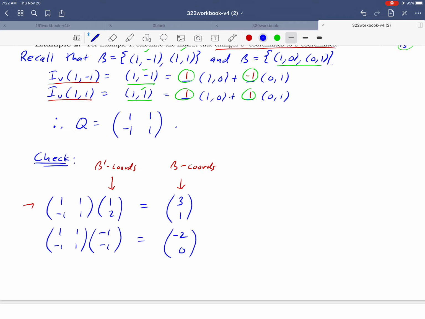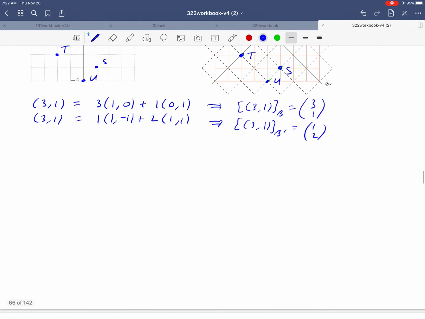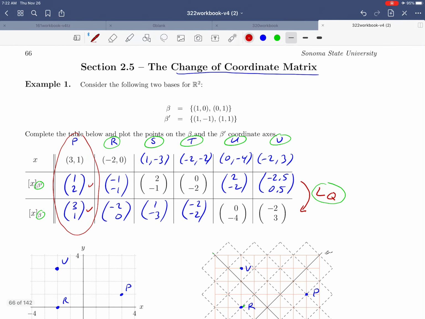Again, that should be taking us from beta prime coordinates to beta coordinates. If you scroll back, there they are: (-1, -1) those are beta prime coordinates, and (-2, 0) those were beta coordinates.